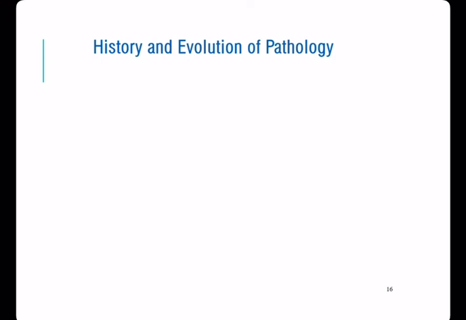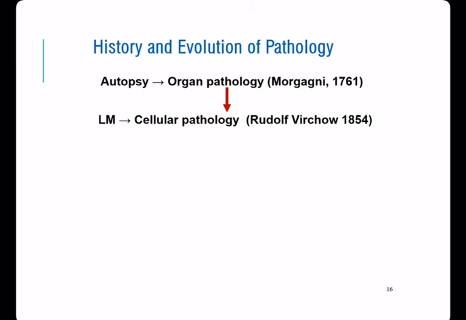Now, let's talk about the history and evolution of pathology. In the 1760s, Morgagni was the most famous early gross pathologist. His writing described the findings of over 600 partial and complete autopsies. In the 1850s, Rudolf Virchow is generally recognized to be the father of microscopic pathology.